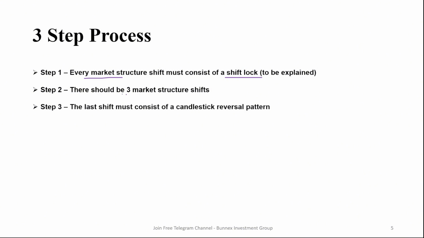There should be 3 market structure shifts within one particular direction for us to determine a reversal point. The last shift must consist of a candlestick reversal pattern at its end for us to make an entry or to call that particular point a point of reversal.